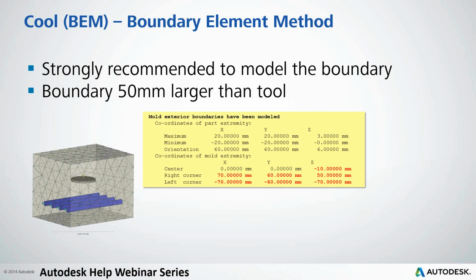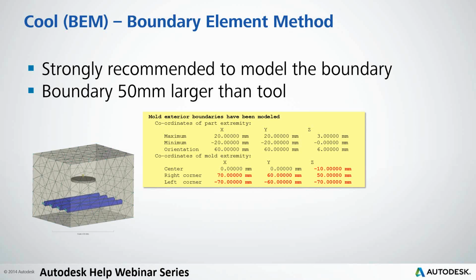Usually I define slightly longer lines for the cooling channels, so in this sense the boundary should not cross any beam, because every beam which is crossing the boundary will not be taken into consideration in the analysis. So I made it 20 millimeters longer in the x-axis and 10 millimeters in the other directions.